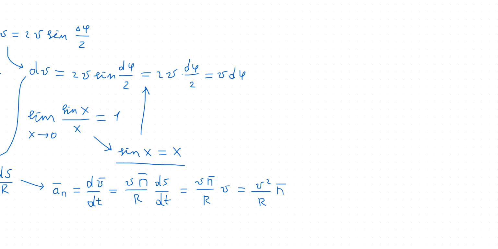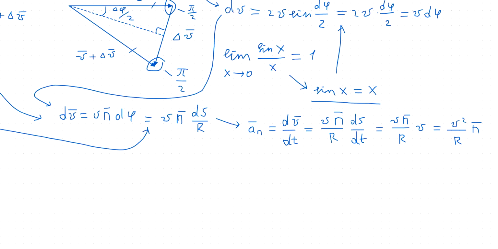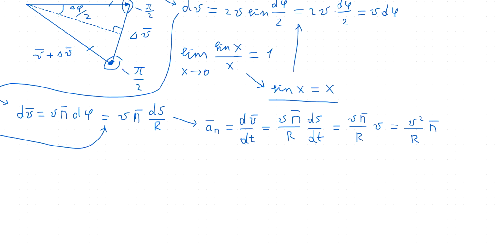So this is normal acceleration. So I can write that normal acceleration is equal to v squared divided by r and multiplied by n. Okay, do you have any questions about normal acceleration?